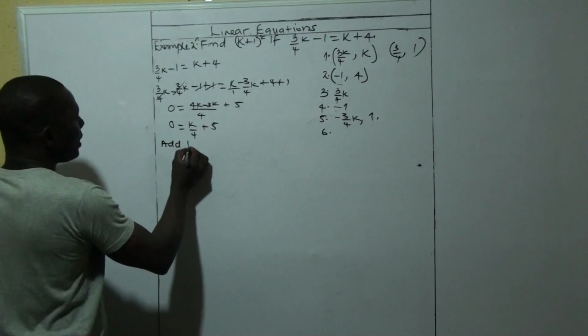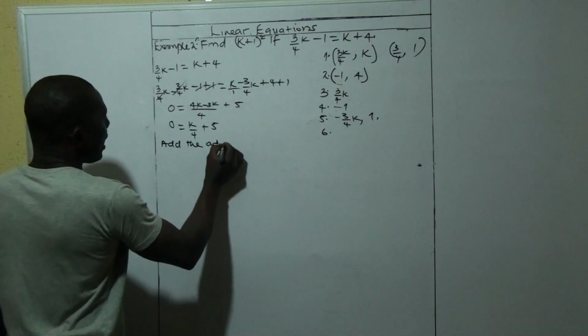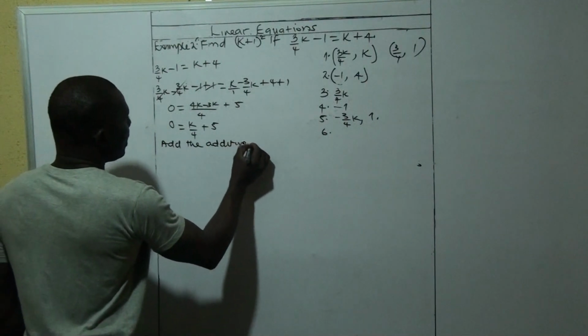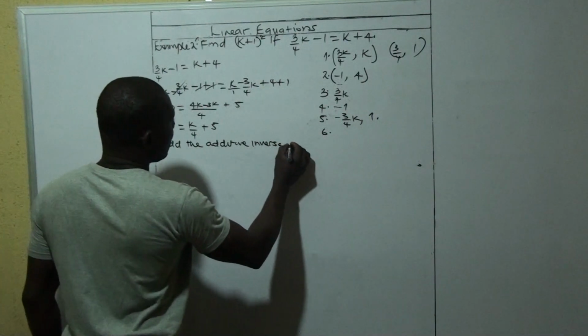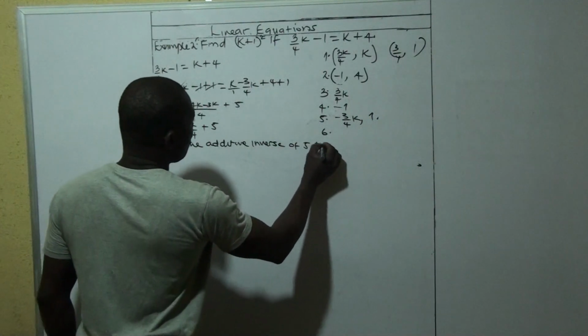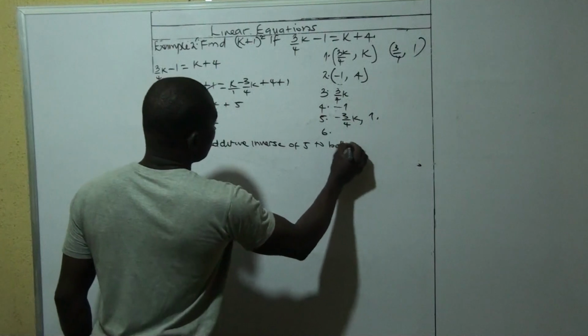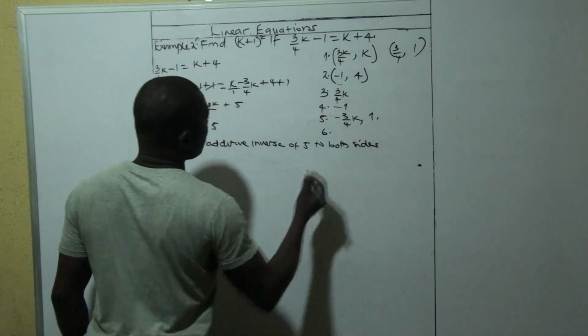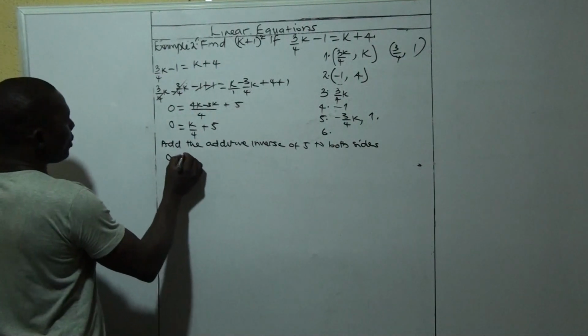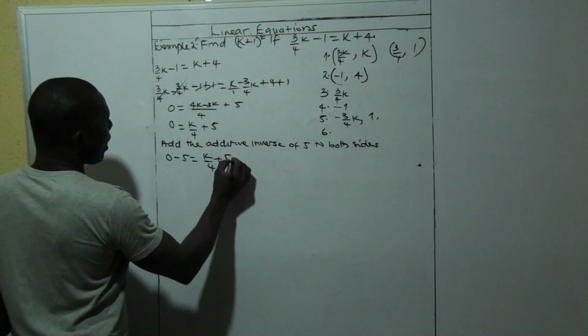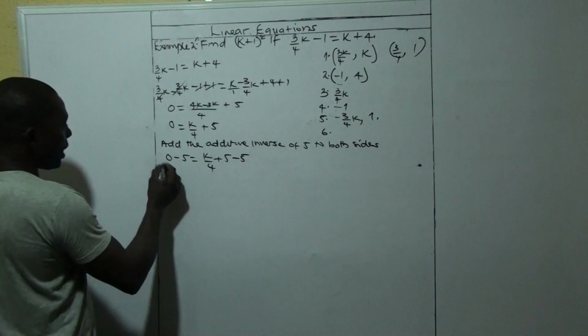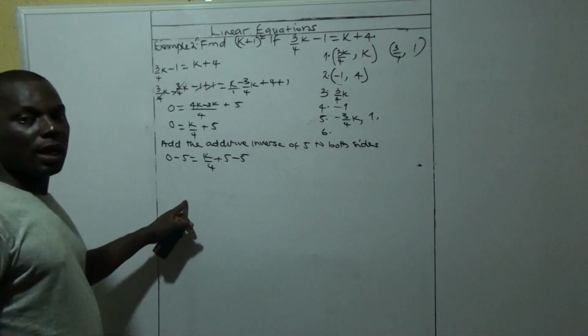Add the additive inverse of 5 to both sides. So we have 0 minus 5 is equal to k over 4. 5 minus 5, so that we'll be able to proceed further.